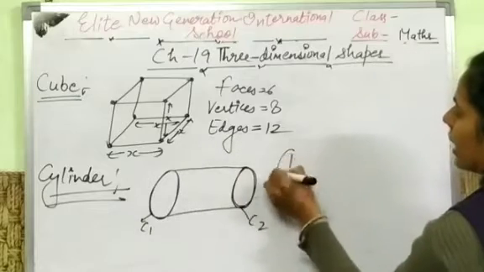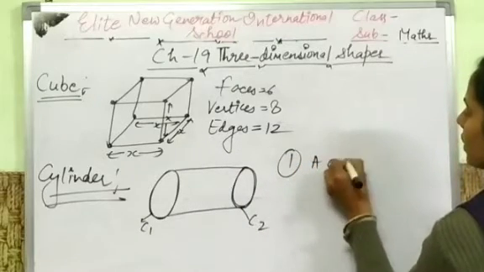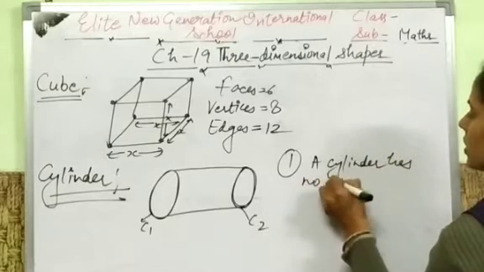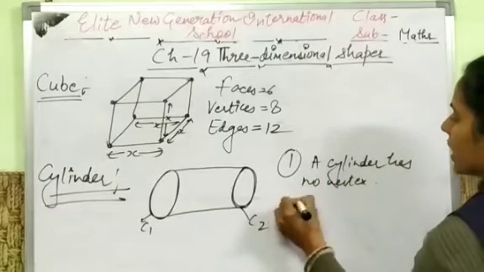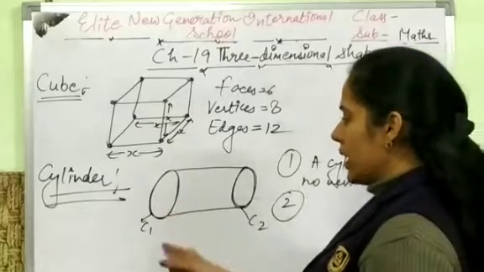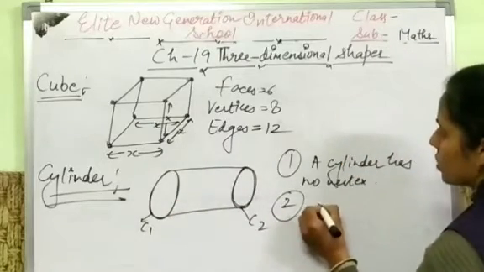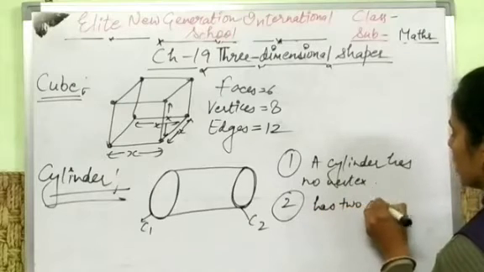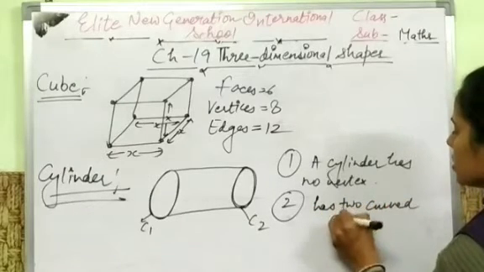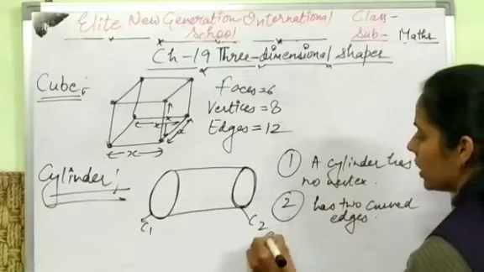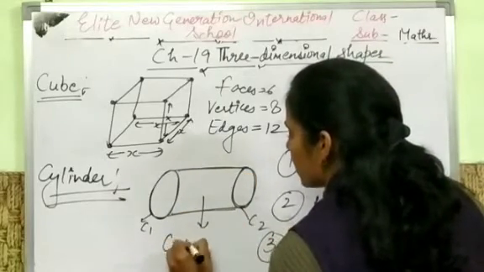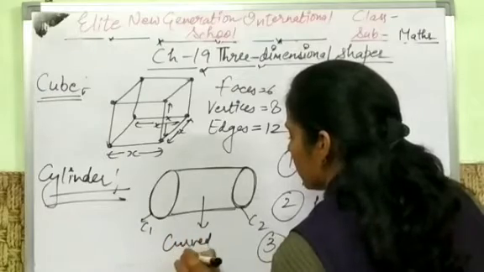So a cylinder has no vertex, and the second point is it has 2 curved edges.